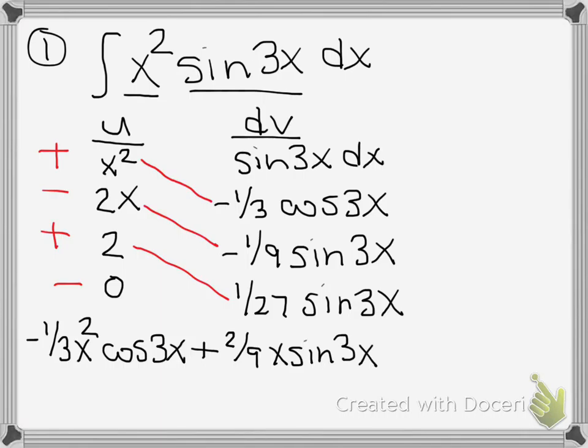A positive 2 and a positive 1/27 is going to be a positive 2/27 sine 3x. And the last thing you have to add is your constant of integration. So there's your answer there. So again, that was example 5 from the integration parts video number 1, done again using the tabular method.